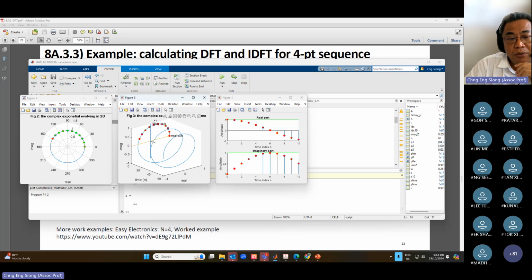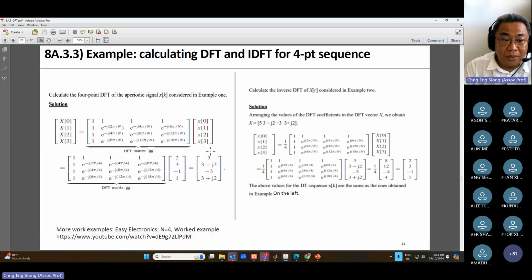So I'm plotting only 12 points. Can you see? And at each step, it's always 2 pi over n times k. So you can understand what this equation is now, I hope. I'm plotting this column vector. Each of these elements is that red dot moving around.